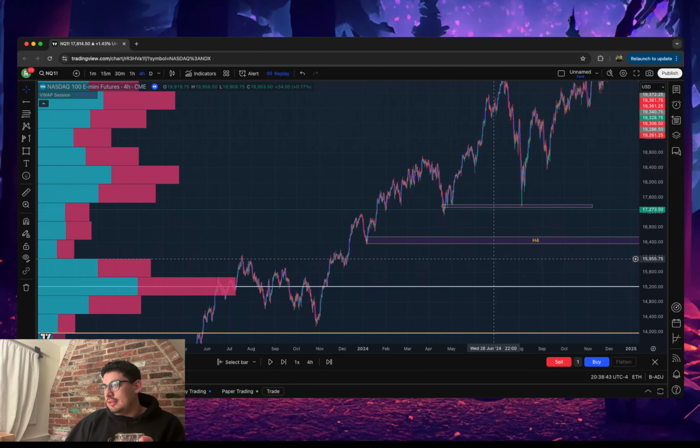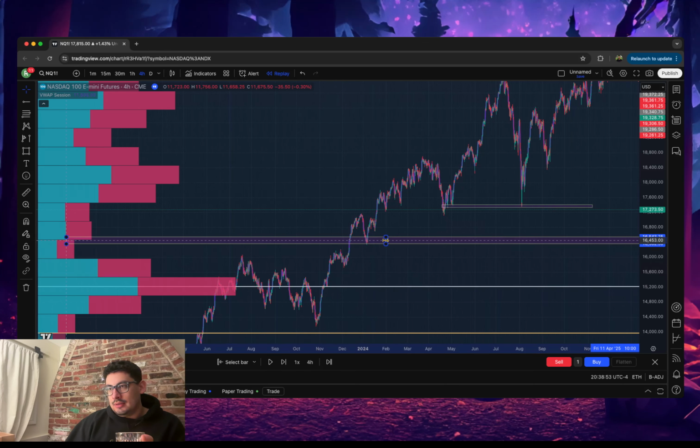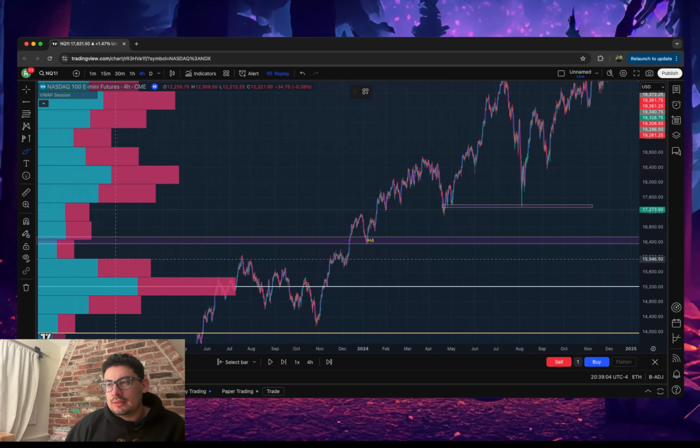But let's take a look at this. What do you notice about this zone right here? Almost exactly, the middle of this zone is right in a volume ledge. This is a low volume zone down here. What does that mean?